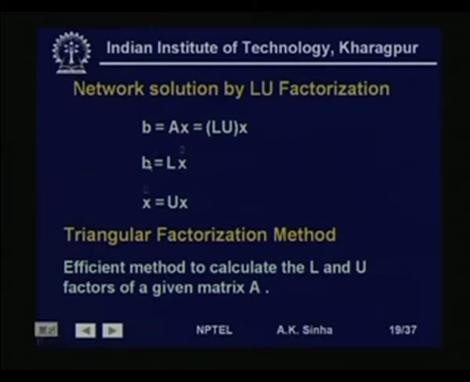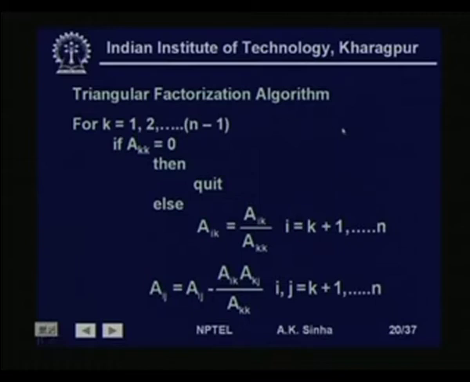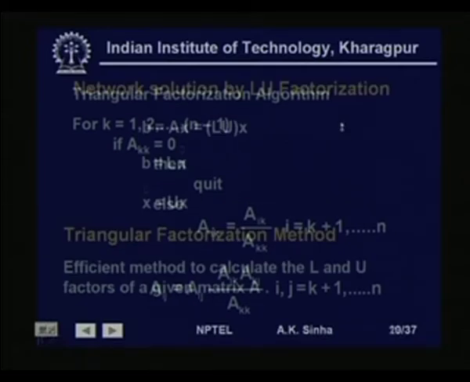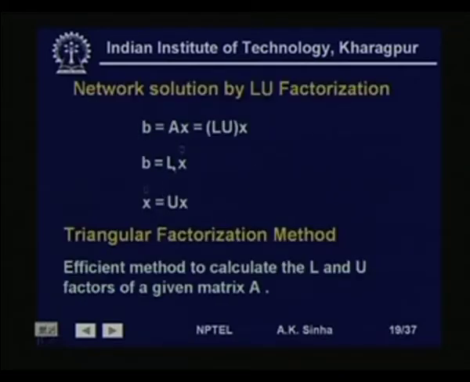as b = L x hat. Actually, this hat has not come here properly. This is b = L x hat, and what is x hat? x hat is equal to Ux.